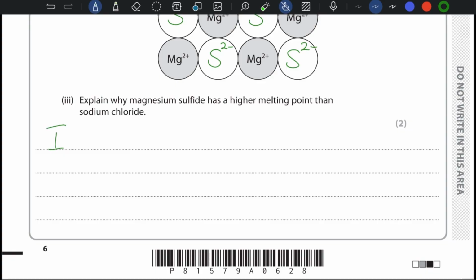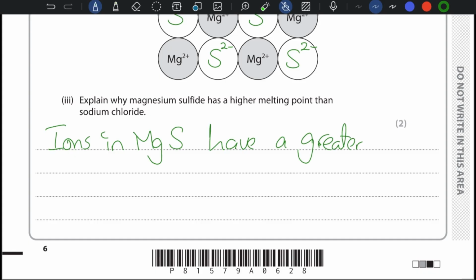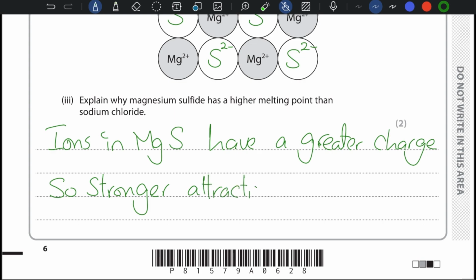So we can write that ions in magnesium sulfide have a greater charge, and this part is also related to AS level, and we discuss it in our course so that you will be able to solve this question. So stronger attraction between ions.